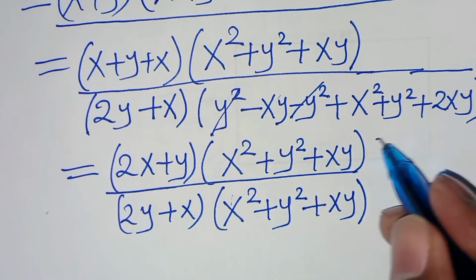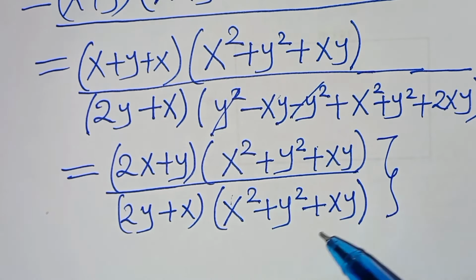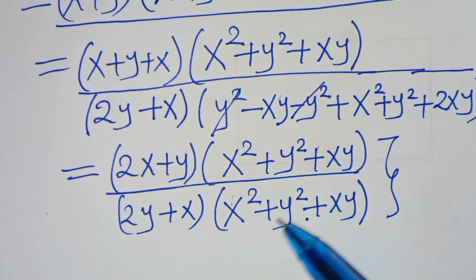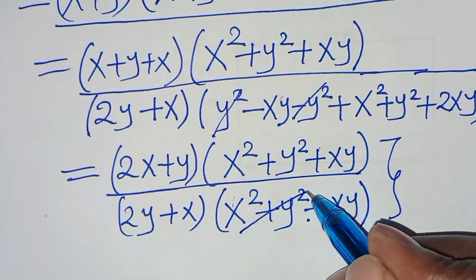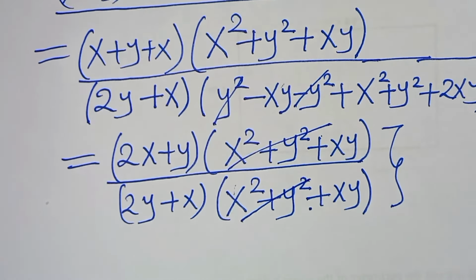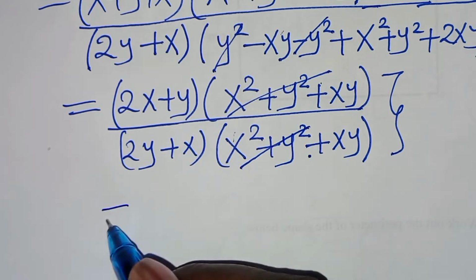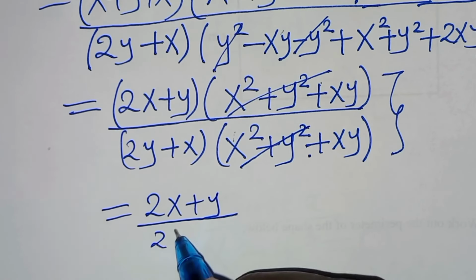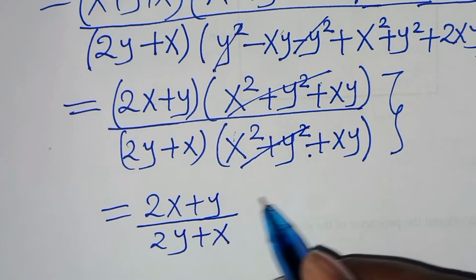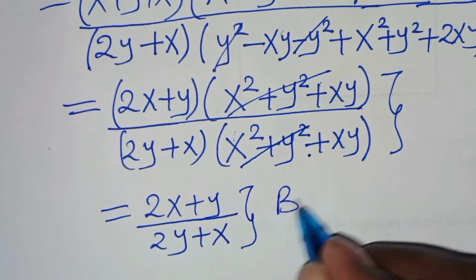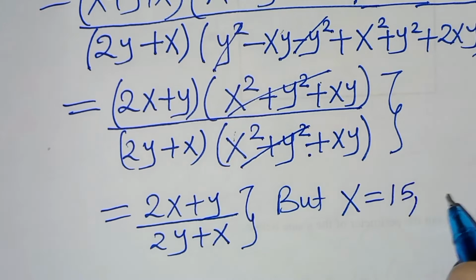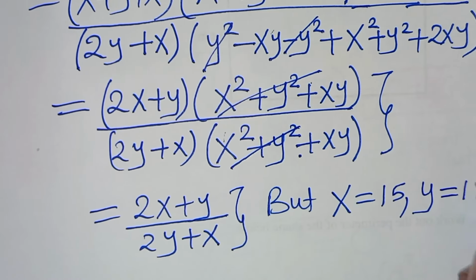So this implies that from the numerator and the denominator part, x squared plus y squared plus xy is common, so we can simplify here. So that now we have 2x plus y over 2y plus x. But we have the value of x, which is equal to 15, and we have the value of y, which is equal to 14.